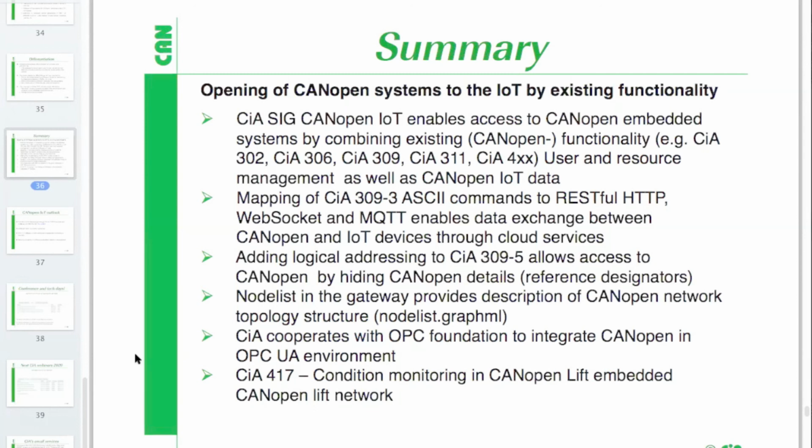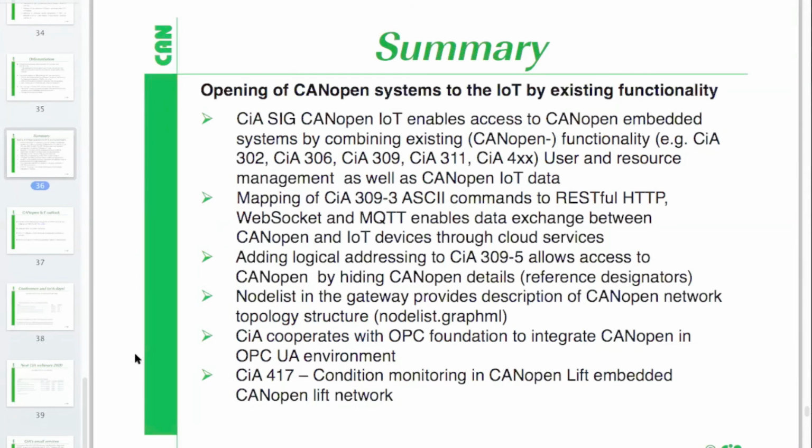There are specifications available for those. You can use them. There are certain technologies we map into CANopen. We map CANopen into those technologies, such as RESTful, WebSocket, and in future MQTT.